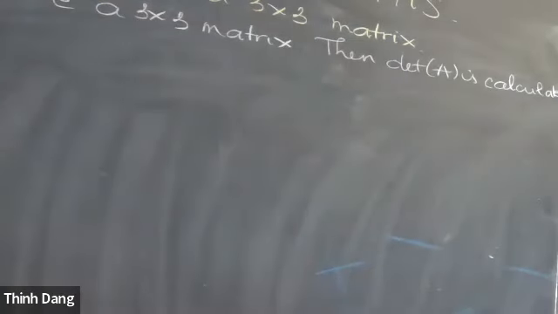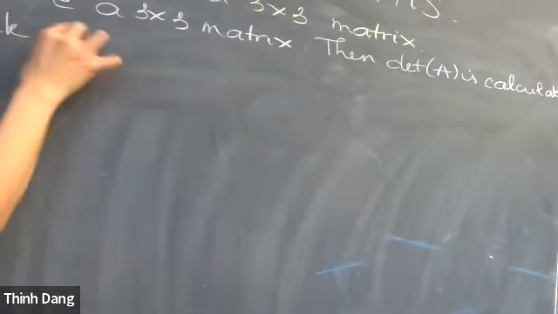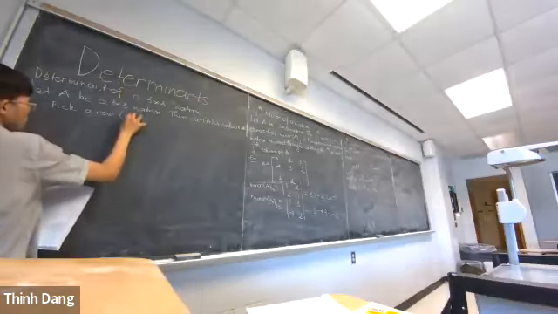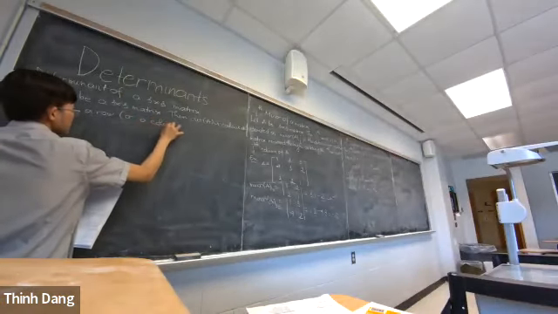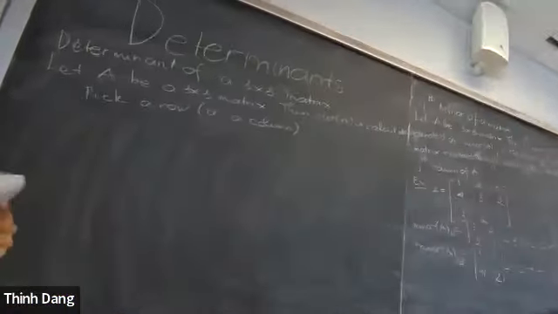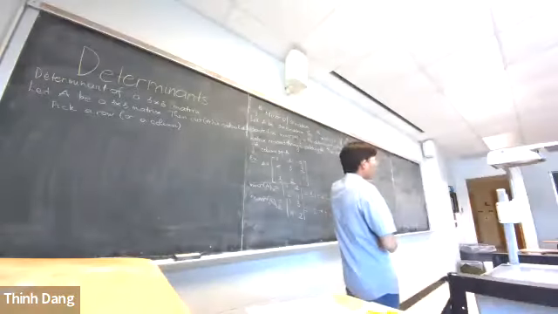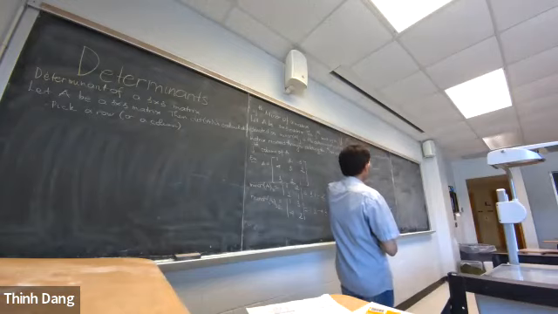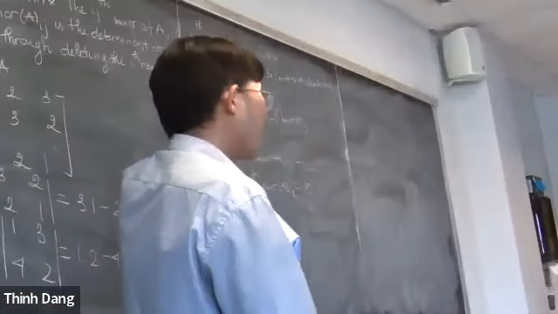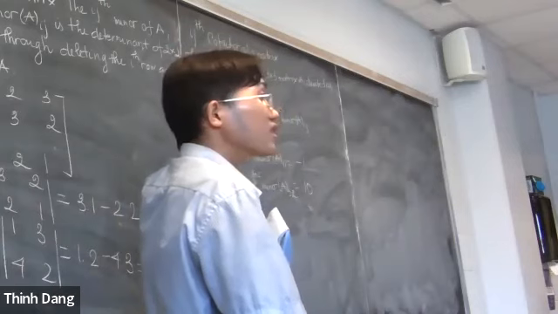In order to calculate the determinant of a 3 by 3 matrix A, first we will pick a row or a column. Oh, I forgot to mention that the cofactor Aij, sometimes we will say that it is the cofactor corresponding to the entry Aij in the matrix.